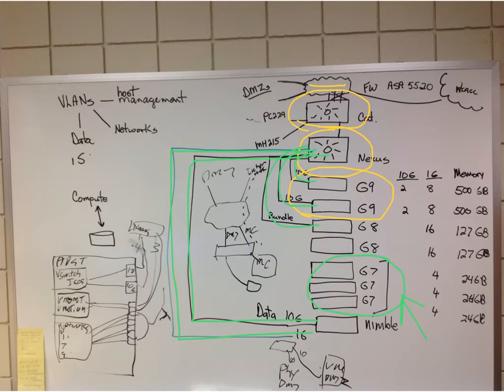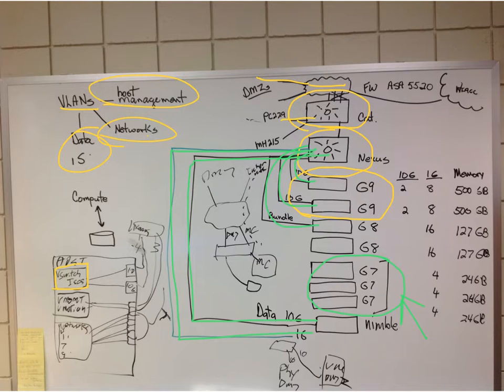And then Jim talked about over here, we talked about virtual switches. So we got some work to do there in terms of setting it up. VLANs for data, host management, and then network. No DMZ coming off here yet.